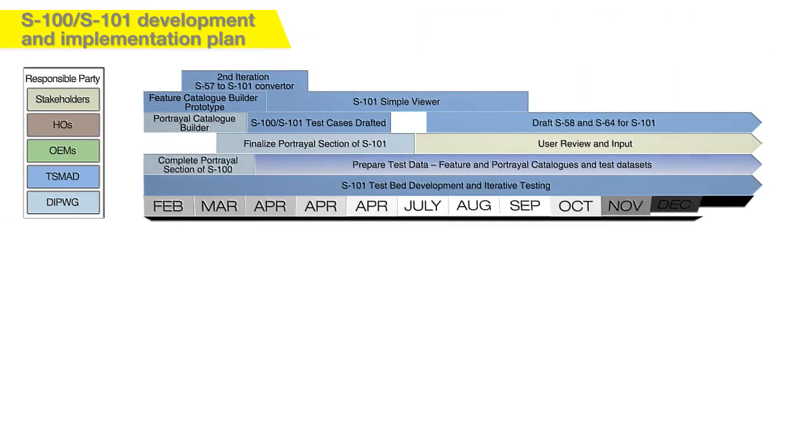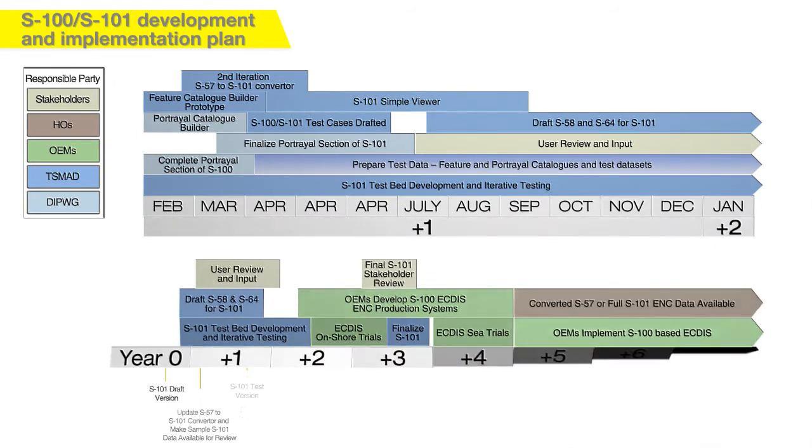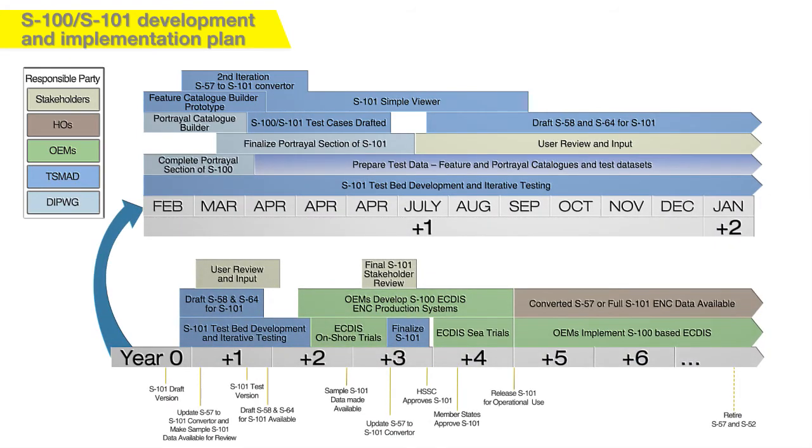S100 1.0 was released in 2010. The S100 testbed's implementation plan to verify S100 and several concepts of S100 has been established. This diagram shows the S100 S101 development and implementation plan and international standard approval schedule.